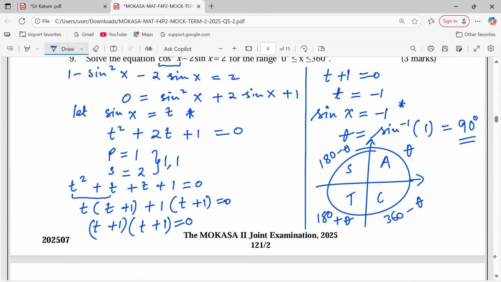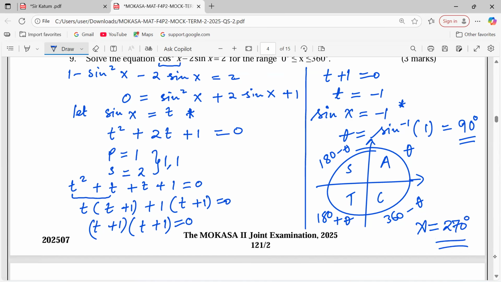So this angle, again, is going to be repeated because we measure it in the third quadrant as 180 plus 90. You know, 180 plus 90 becomes 270. So the value of x is 270.